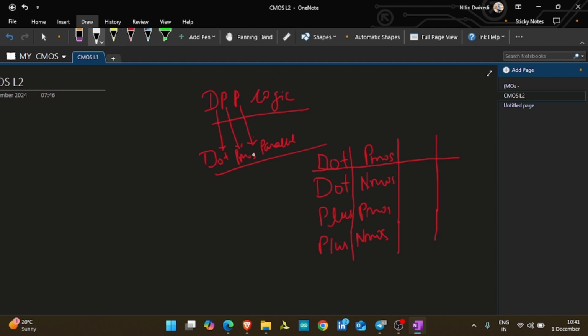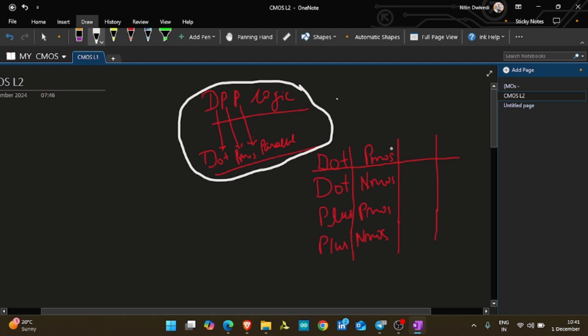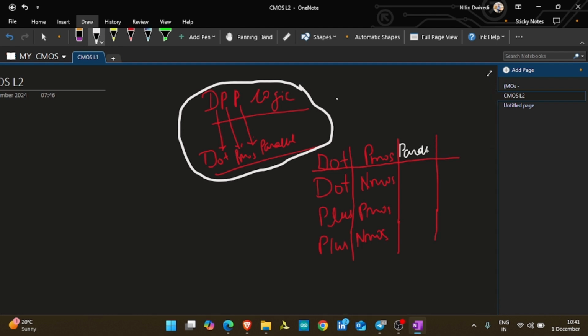The only thing we have to know is what DPP is. If you know what DPP is, then we can create it: D for dot, P for PMOS, then here it will come parallel. Similarly, for dot NMOS it will be series, just the reciprocal of this.